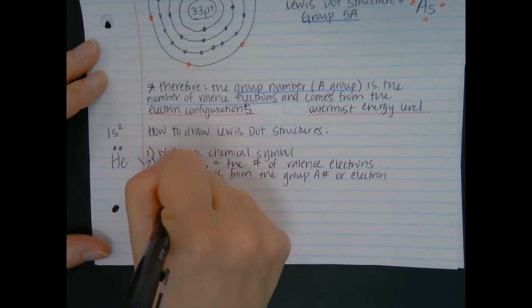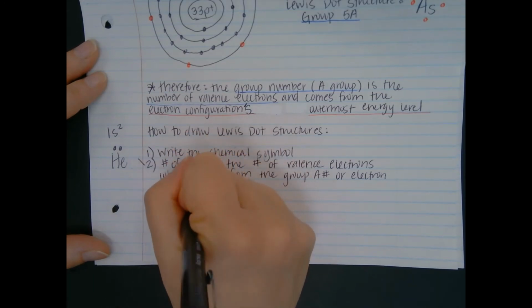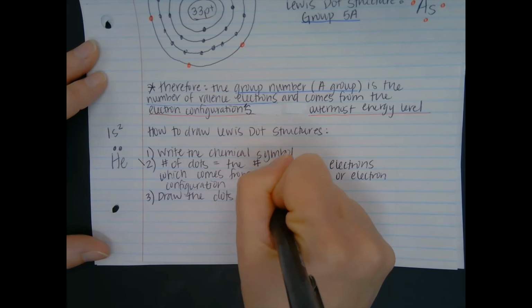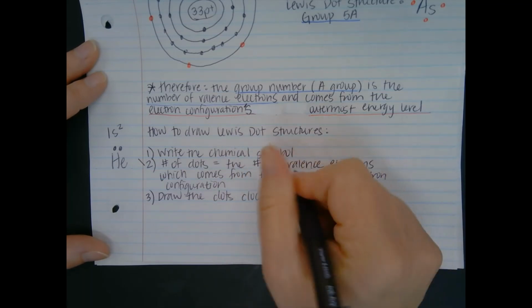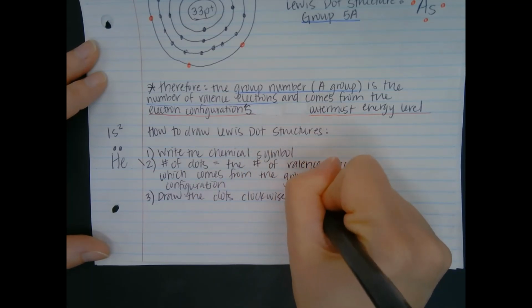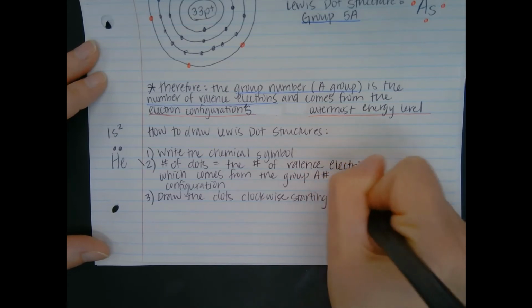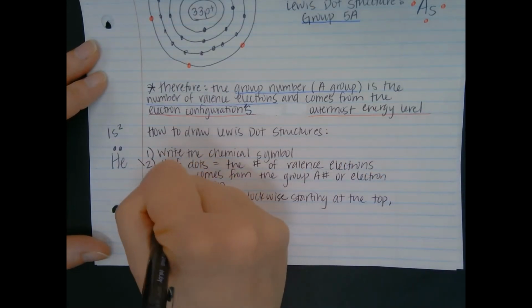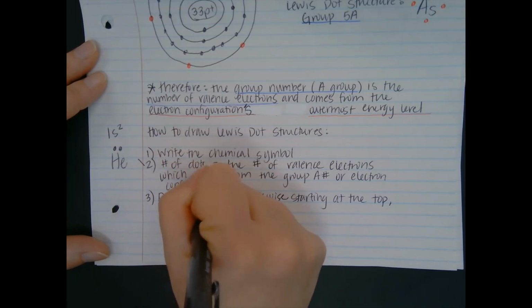Number 3: draw the dots clockwise, meaning our electrons, starting at the top, one at a time.